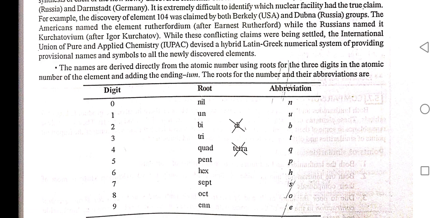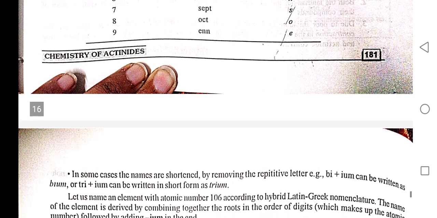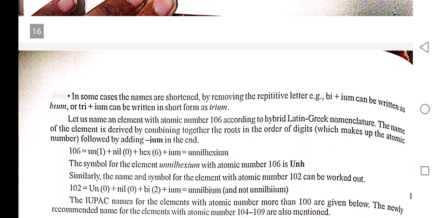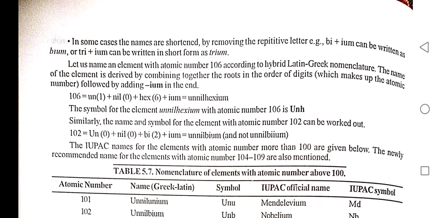The symbol uses the abbreviations of the roots. In some cases, the names are shortened by removing the repetitive letter. Example, bi plus IUM can be written as bium, or tri plus IUM can be written in short form trium.